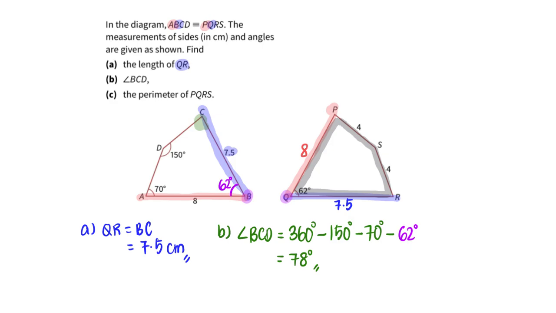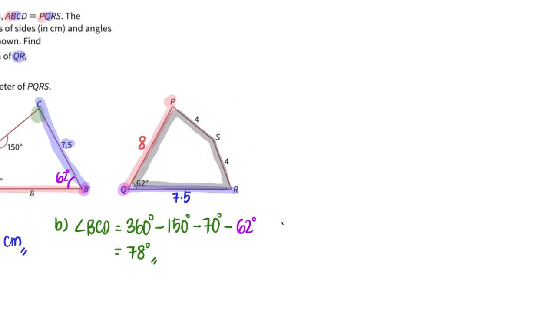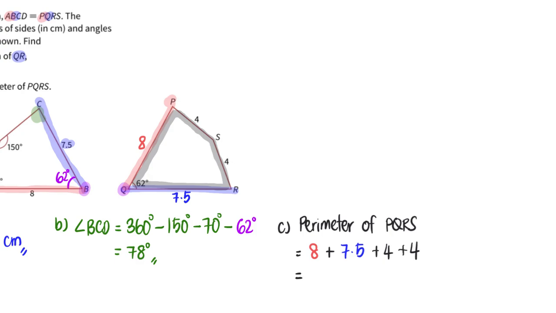Yep. So for part C, which I'm going to write here, perimeter of PQRS is therefore equals to 8 plus 7.5 plus my 4 plus my 4. Final answer, 23.5 cm.